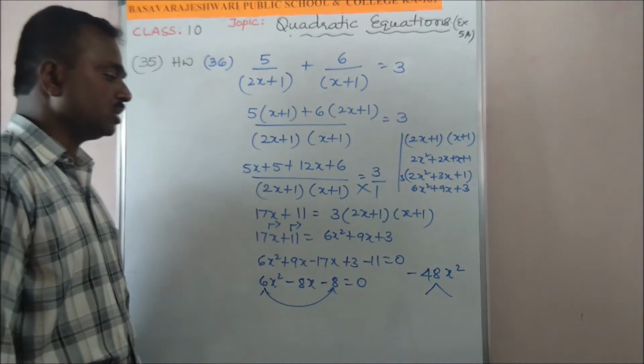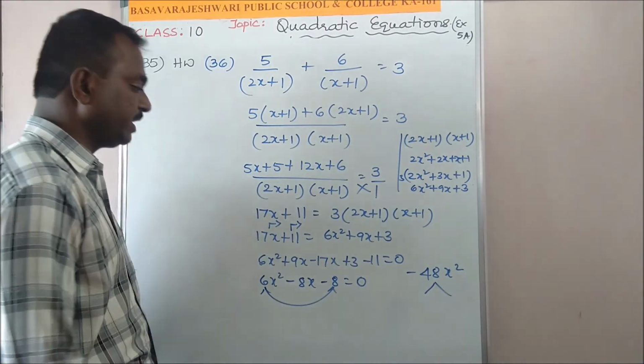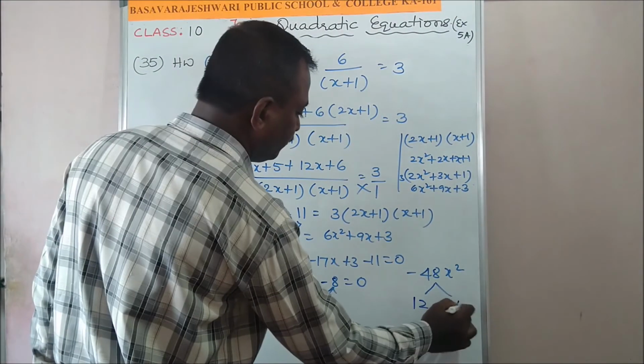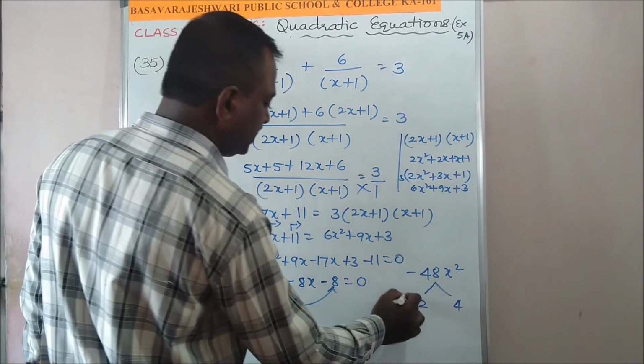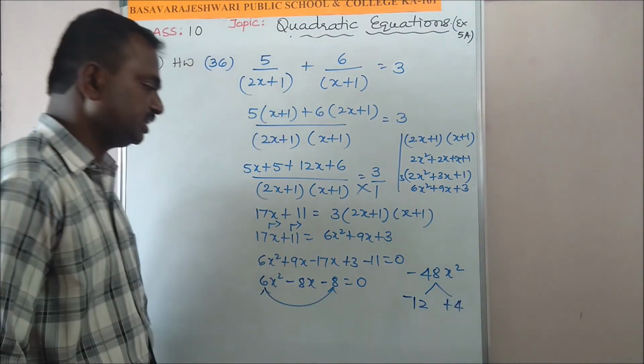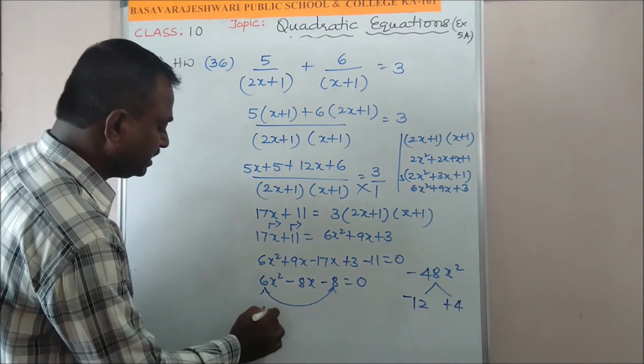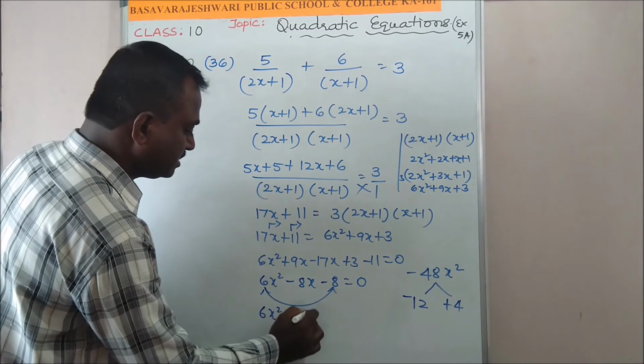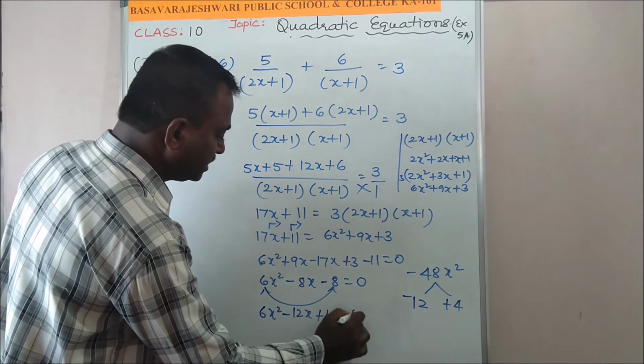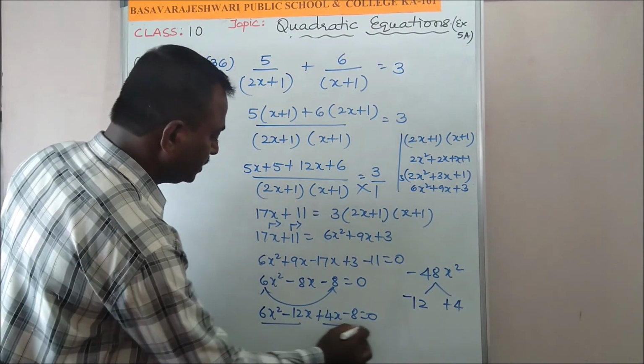You have to find out the two numbers. 12 times 4 is 48. 12 and 4, minus 12 plus 4. Correct? 6x square minus 12x plus 4x minus 8 is equal to 0.